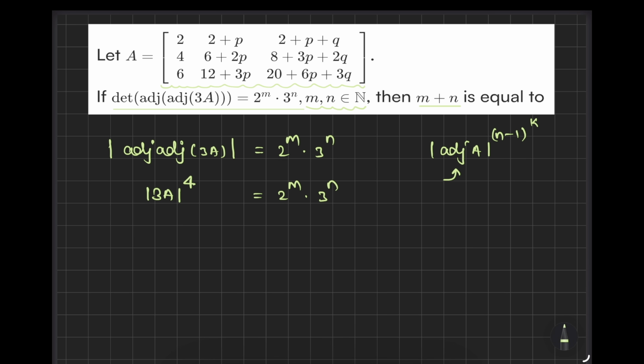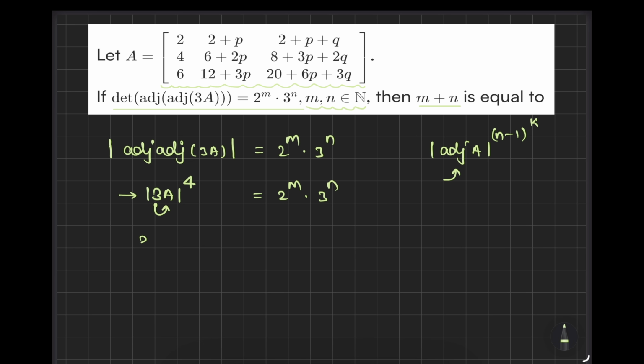Now, you know that you have multiplied a number with a matrix, and now you are trying to calculate its determinant. So if you multiply a number to a matrix, you will multiply it with every element, correct? Now, you have to find the determinant, which means you have to take 3 common from every row, and there are 3 rows.